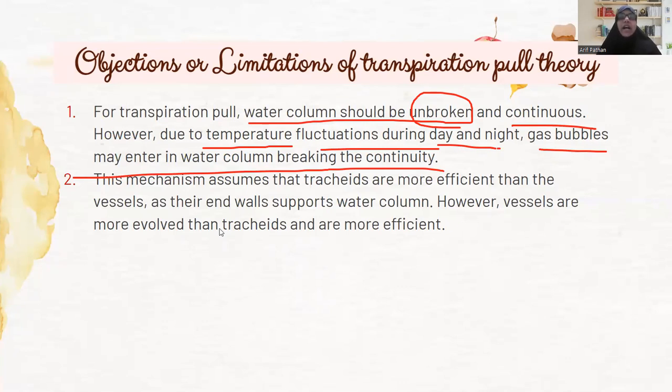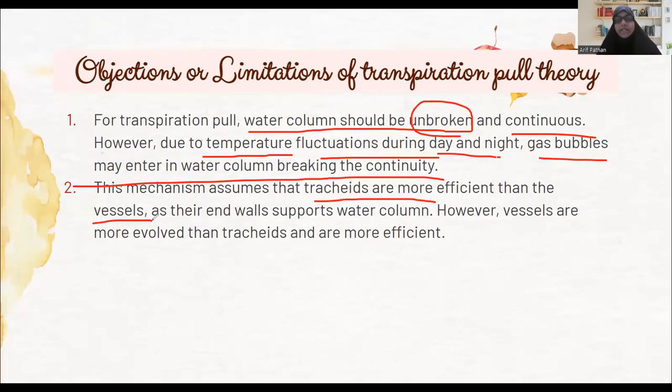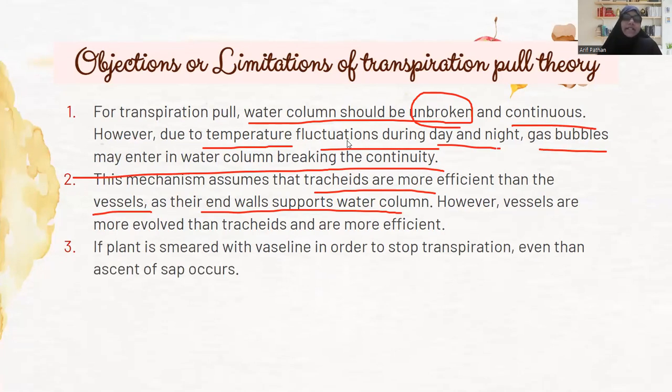Another is that this mechanism assumes that tracheids are more efficient than the xylem vessels, as their end wall supports the water column. However, vessels are more evolved than tracheids and are more efficient. So in fact vessels conduct more and they are more adapted to the translocation of water as compared to tracheids. But this theory is more for tracheids as compared to the water conducting vessels.